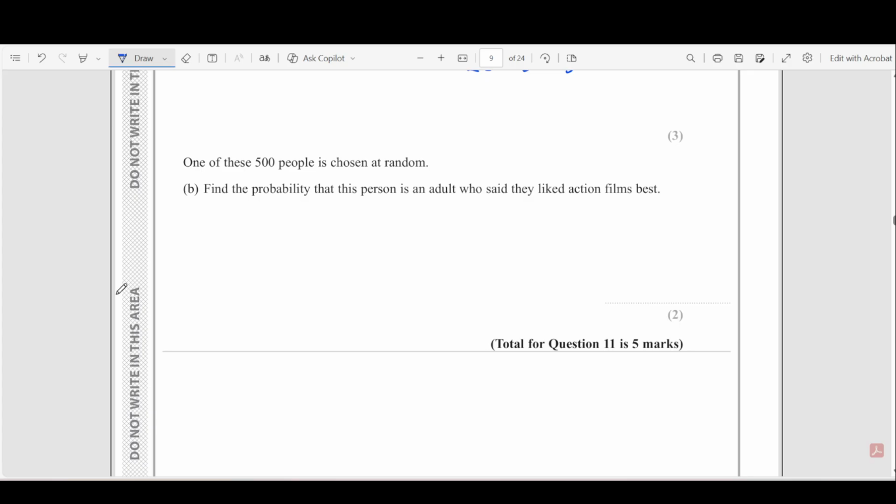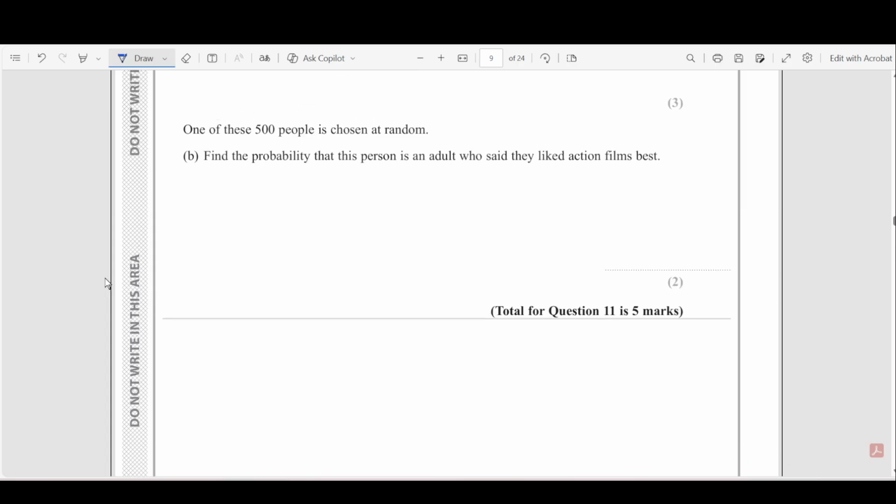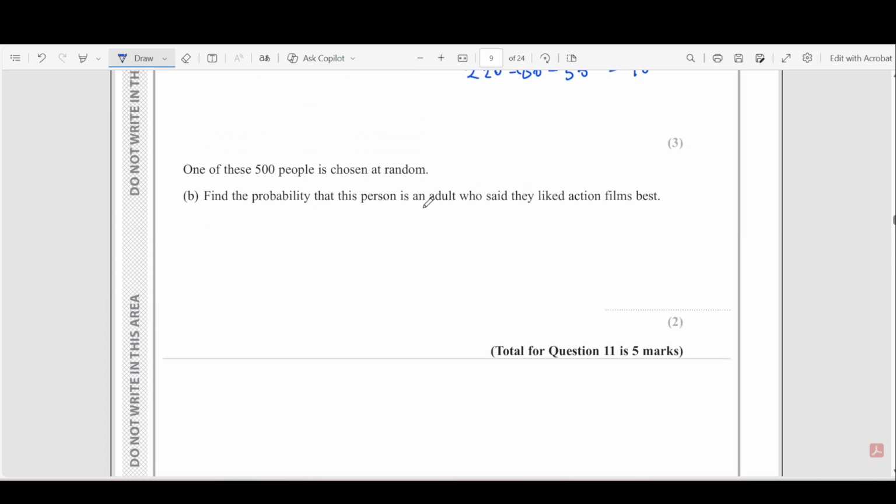This is again from the same question. It says one of these 500 people is chosen at random. Find the probability that this person is an adult who said they liked action films best.